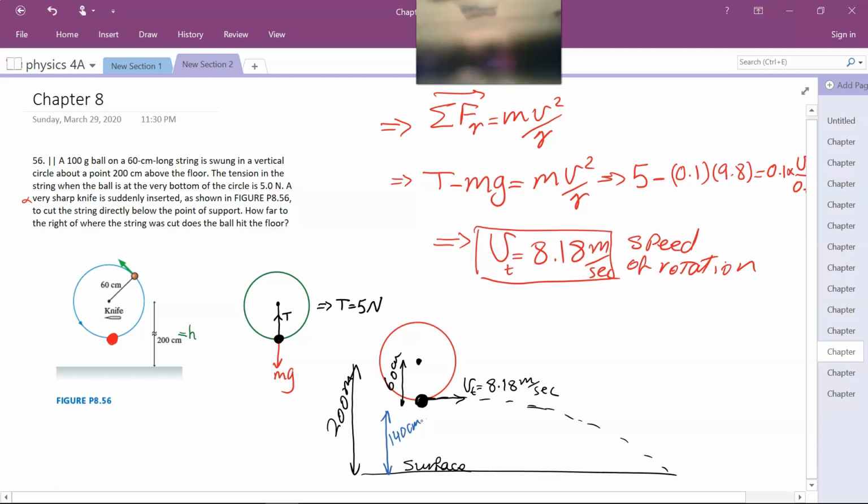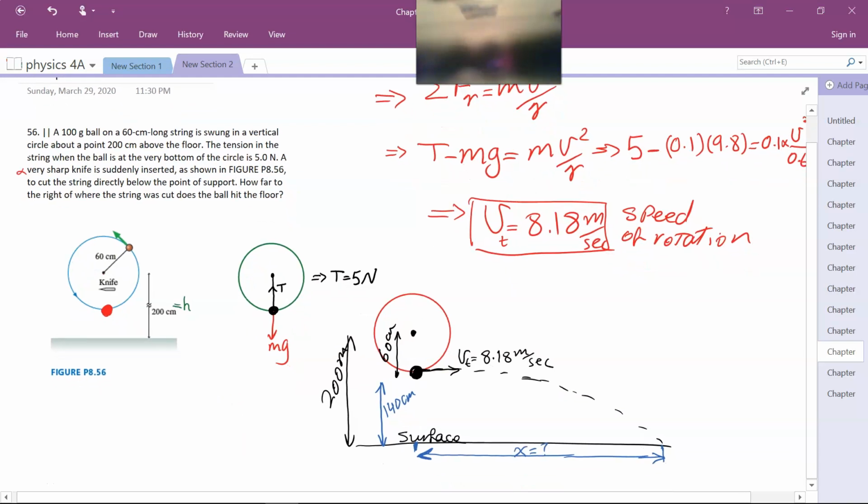What does the question want? How far to the right of where the string was cut does the ball hit the floor? So they want this distance, x. This is very similar to problems in chapter 4, projectile motion. So what we have to do, we know that x equals what? Your velocity is only on the x-axis.